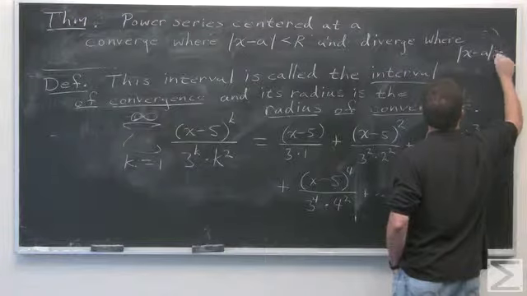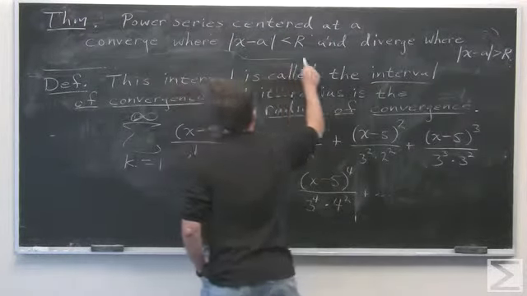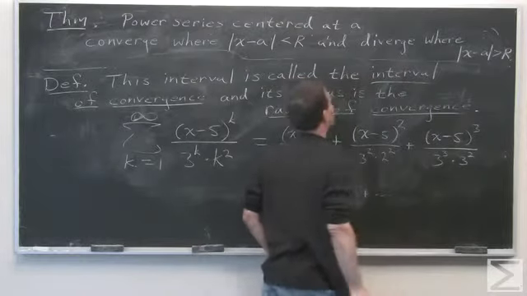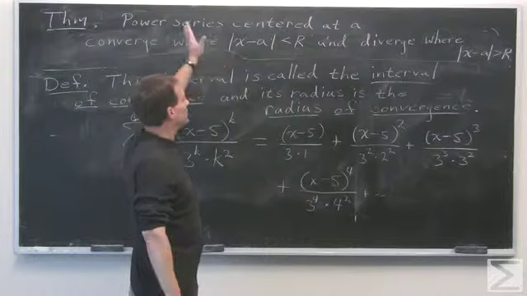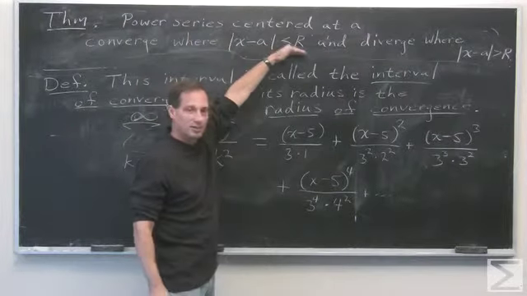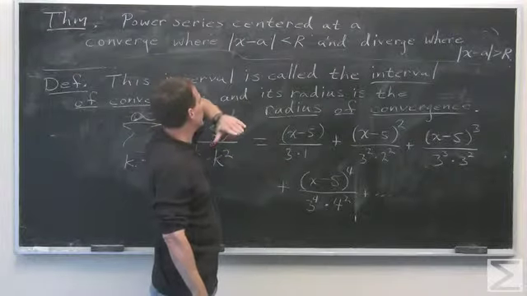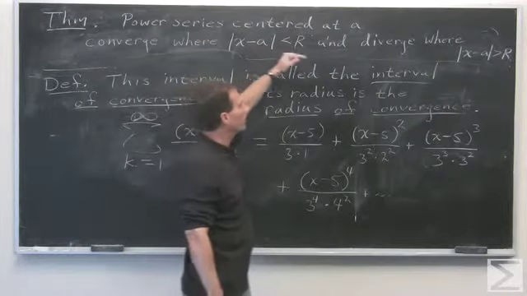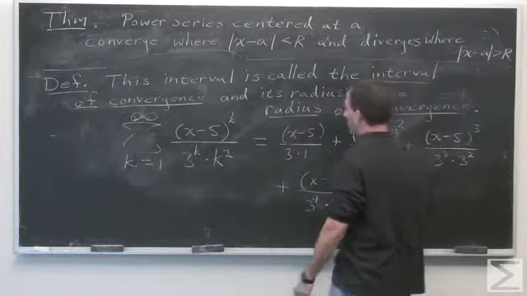This is another way of saying the same thing: if you have a power series centered at a, then there exists an extended real number r such that the power series converges when the absolute value of x minus a is less than r, and diverges where the absolute value of x minus a is greater than r.